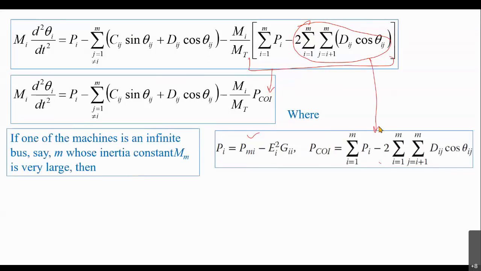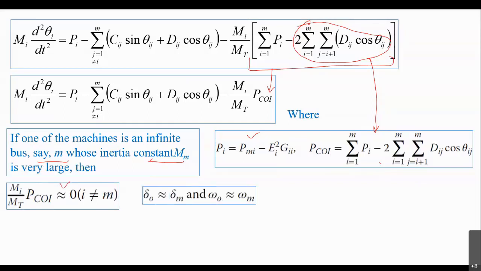So if one of the machines is an infinite bus, a very huge machine connected to that bus, let us say the bus number is M, whose inertia constant is Mm and it is very large, then what will happen to the system? Mi by Mt PCOI will become approximately 0 when i is not equal to m.